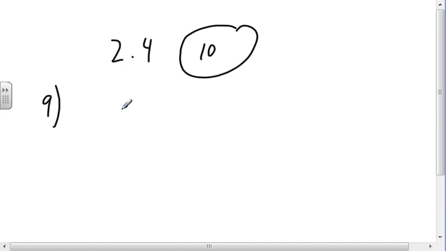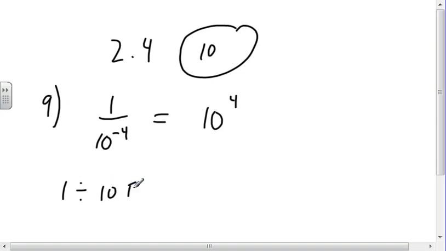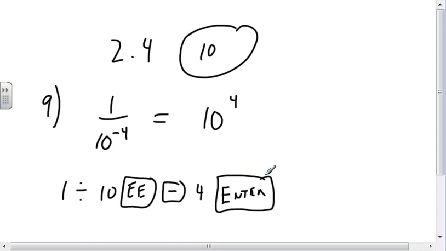Number 9. 1 over 10 to the minus 4. Anybody have an answer? Now, if I put in my calculator 1 divided by 10, the double E key, the minus key, the 4 key, and I hit enter, what do you think it's going to give me? 1 divided by 10, double E, minus, not the subtract key, but the minus key.